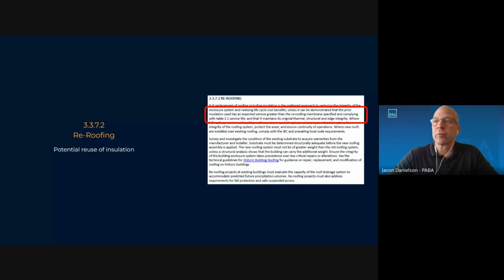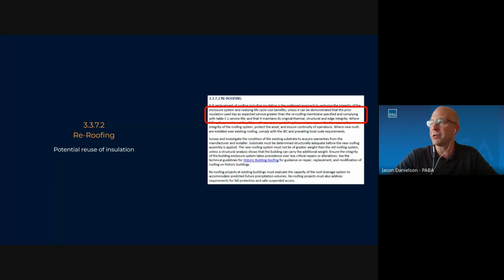3.3.7.2 re-roofing. Right now on every roofing job, we typically throw the insulation away and put new insulation in. But there are some insulations that are more durable and that you potentially could be reusing. So this is talking about, depending on where you are within the service life of a roof, if there is still some service life left of that insulation, depending on what it is, any potential to reuse it.